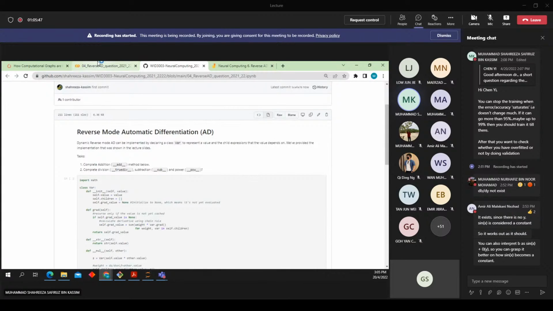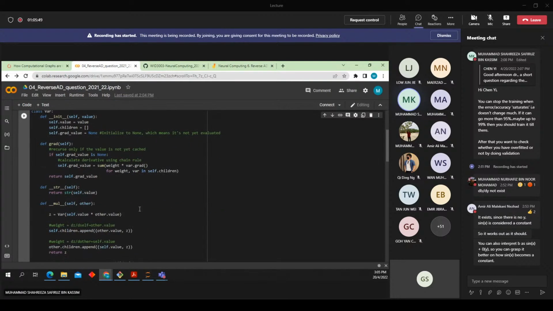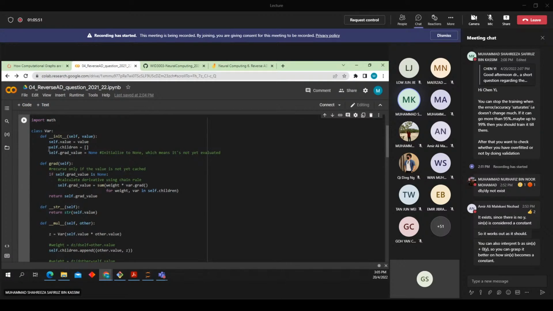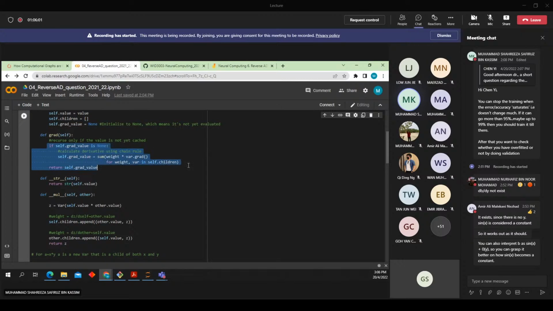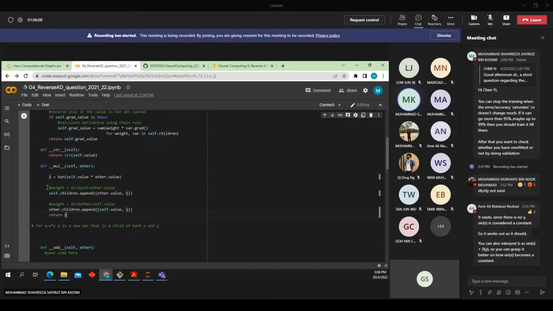Have a look at the code first. If you study the code, you'll see that self.children is where you store your children, this is where you apply the chain rule, and this is how you define or formalize the differentiation rules, like we did in forward automatic differentiation.